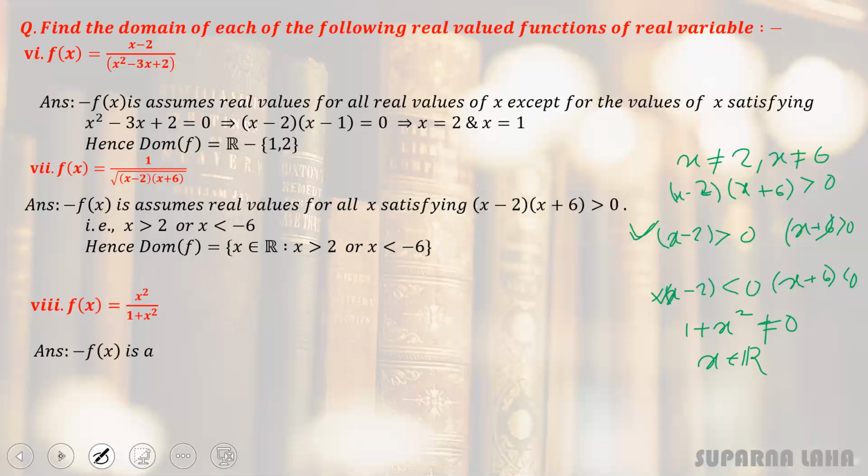So we can easily write that the domain for the function is the set of real numbers, since everywhere it is defined. Since x² is there, this term will always be non-zero for any real number. It will be 0 only for a complex number, whose properties you are learning right now in the classes. So here the domain is the set of real numbers.